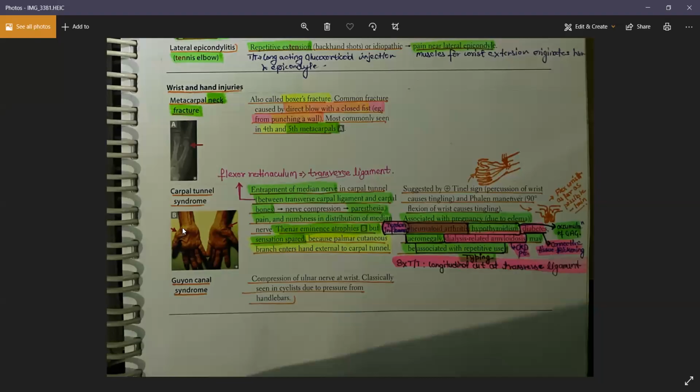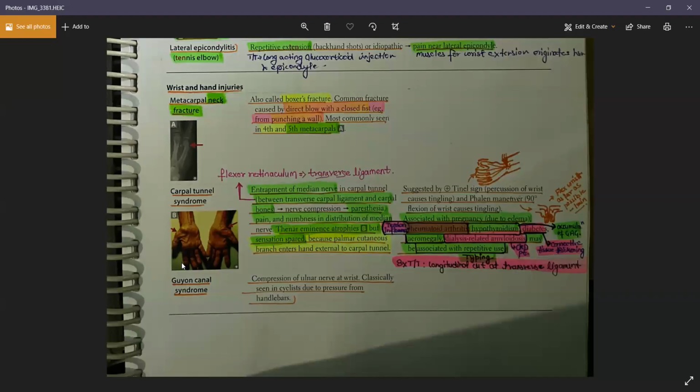Okay, because only the sensory supply to the thumb is given off before the flexor retinaculum, right? Rest all the supplies are given after the flexor retinaculum. So a sensory loss as well as a motor loss happened to these fingers, but a motor loss only happened to the thumb or the thenar eminence.